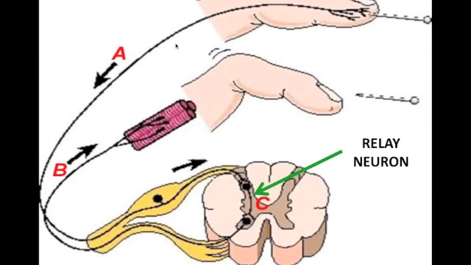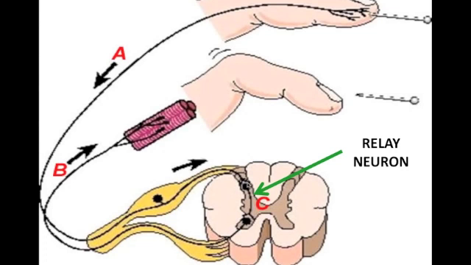This diagram illustrates this. In this example, there is a sensory neuron which is being stimulated by pain senses. So a pin is pricked into the finger, which has sensory neurons which send the message to the spinal cord. So just as it reaches the central nervous system, rather than it being sent to the brain to think about the pain, the message is relayed at this part C here, and this is called a relay neuron.